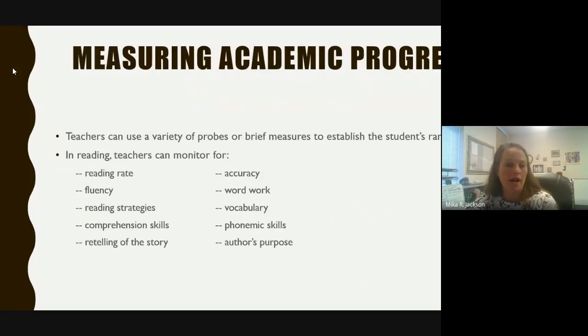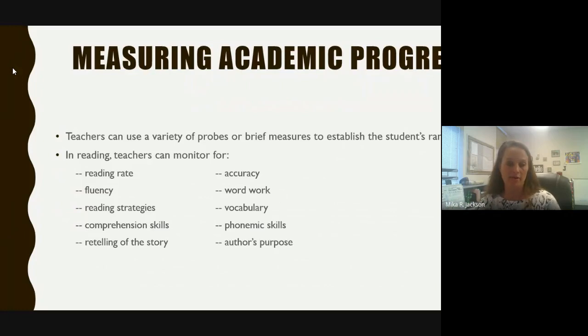When you measure academic progress, there's several different measures that establish the student's skills. In reading, teachers, you can monitor for the reading rate or the accuracy. And then both of those together give you fluency. And you can look at word work. So when you're watching them read, you can kind of observe how they're working through words.